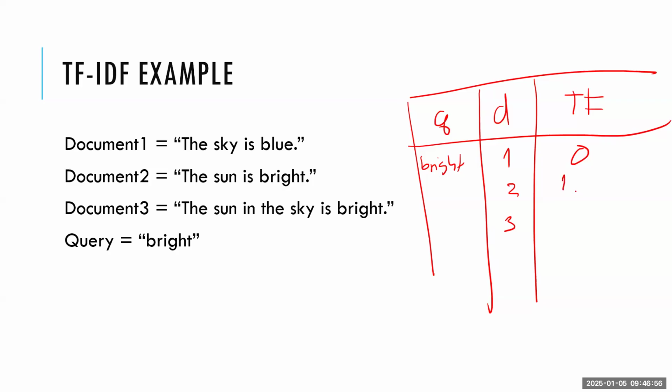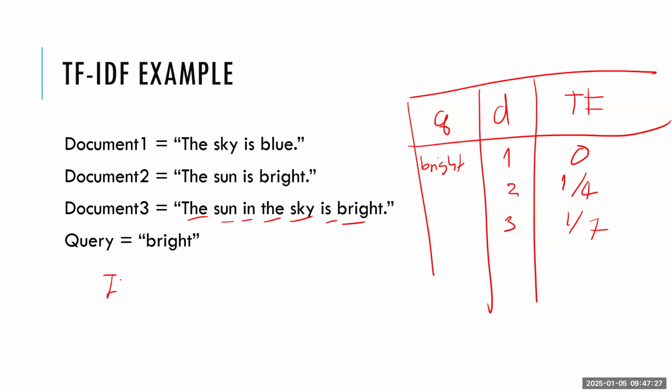It's 1/4. It appears once, and the document has 4 words. What about document 3? It's 1 over how many words are there? 1, 2, 3, 4, 5, 6, 7. So it's 1/7. So that is the TF score.